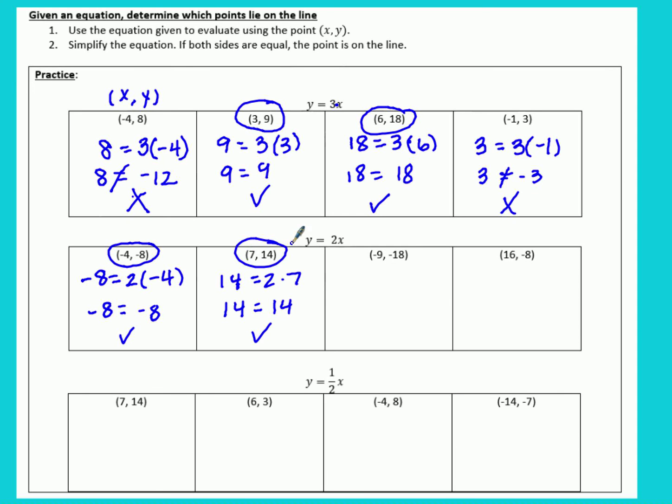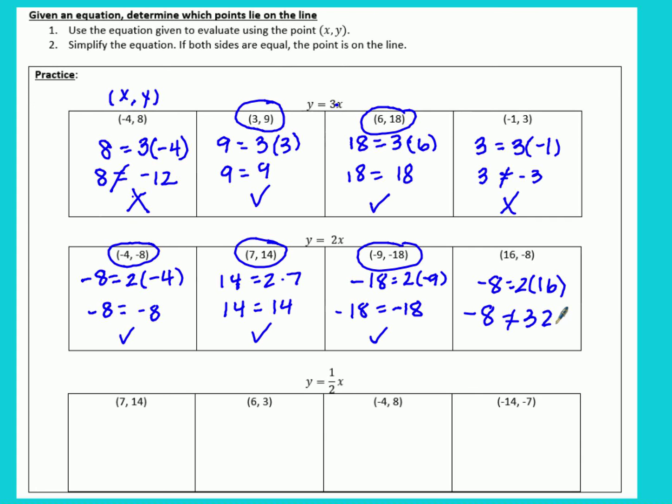So that's another point on the line. -18 needs to equal 2 times -9. -18 equals -18 is true. So that's another point on our line. And in our last example, we have -8 equals 2 times 16, and -8 does not equal 32. So this would not be a point on our line.